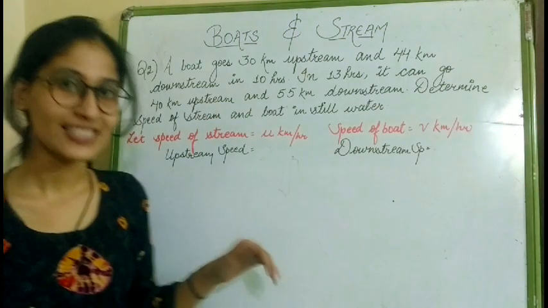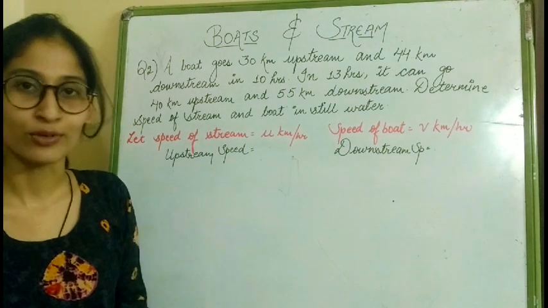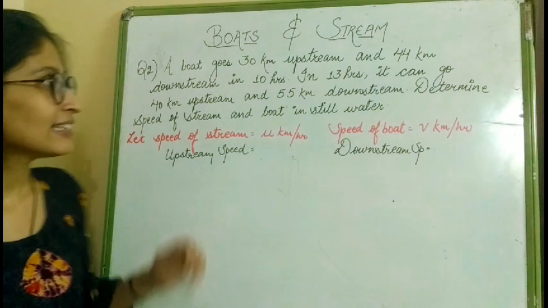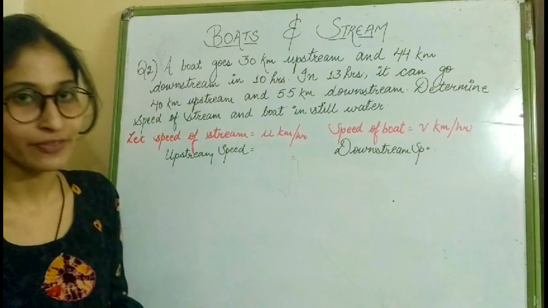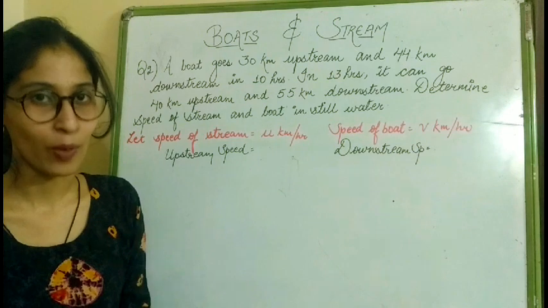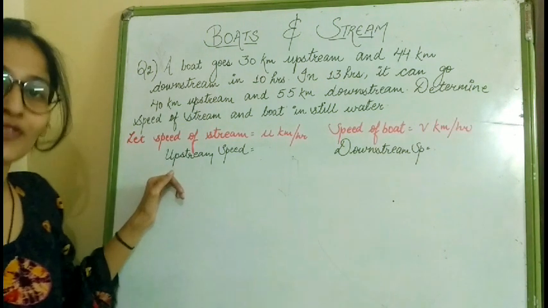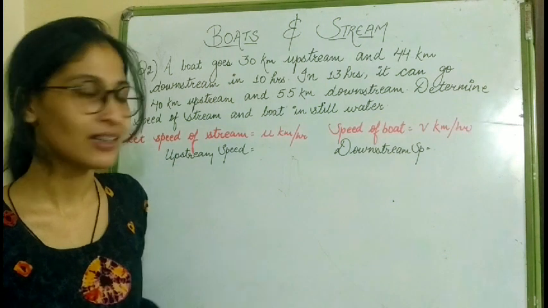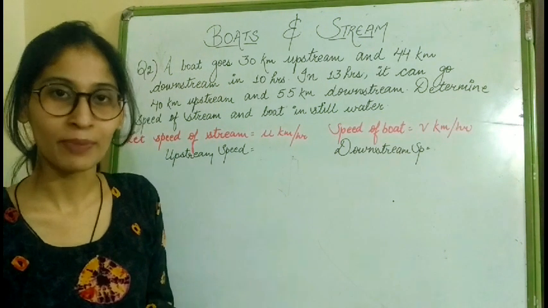The question here is, a boat goes 30 km upstream and 44 km downstream in 10 hours. In 13 hours, it can go 40 km upstream and 55 km downstream. Determine the speed of the boat in still water and speed of stream. Let us suppose that speed of stream be u km per hour and speed of boat in still water be v km per hour.